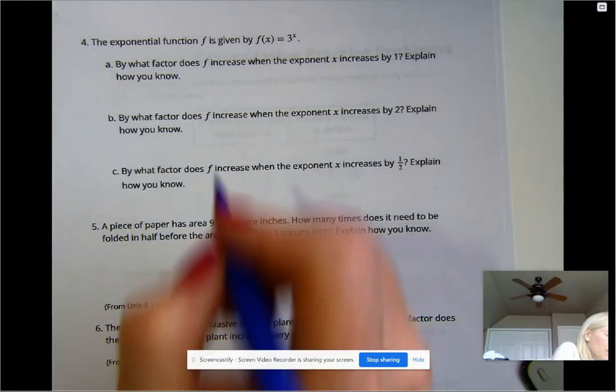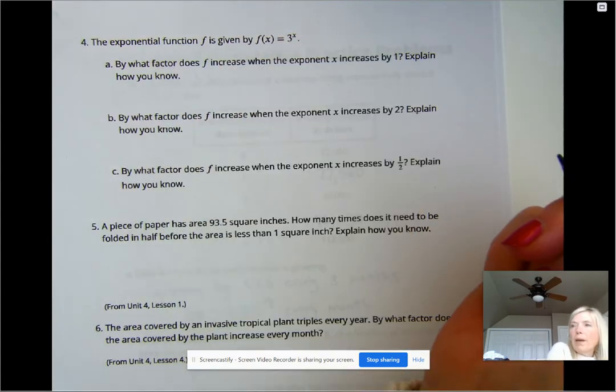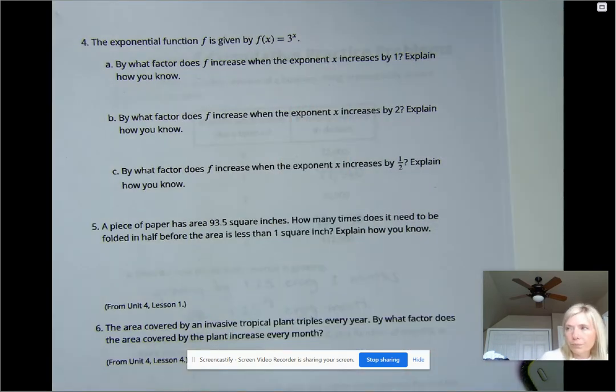So I would say, okay, so when we plug in this value for x, for the exponent, if it increases by 1, then the factor is going to increase by a factor of 3. And how do I know that?